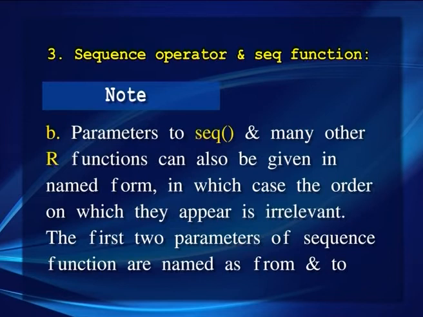Parameters to sequence and many other R functions can also be given in named form, in which case the order in which they appear is irrelevant. The first two parameters of the sequence function are named from and to.